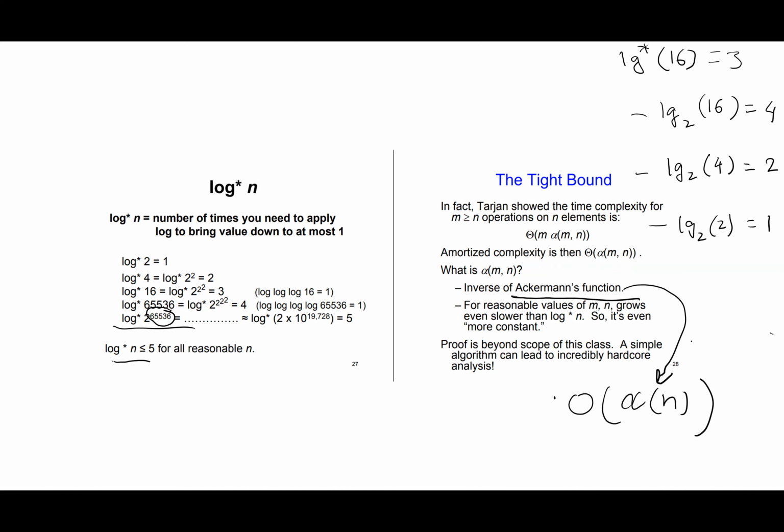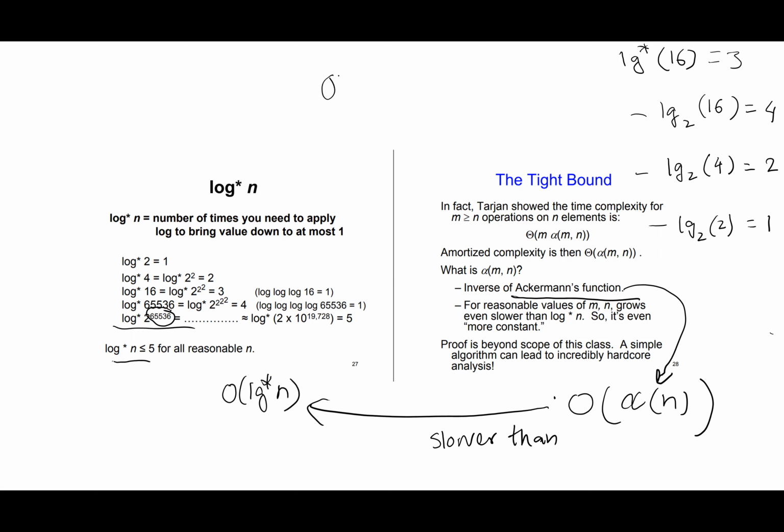This is the real time complexity after path compression. But this is beyond the scope of this syllabus, and we're not going to explain it. The only thing I can tell you is that this grows even slower than order of log star n.